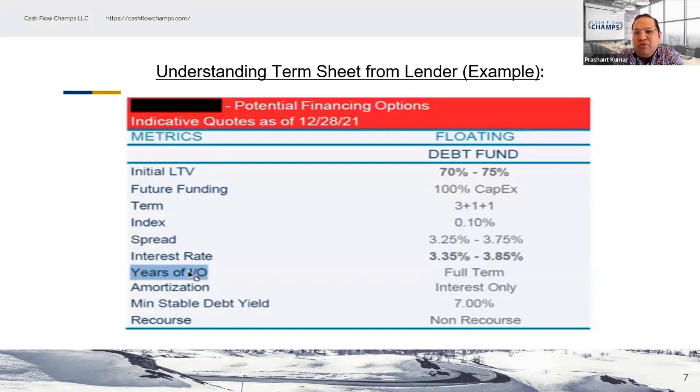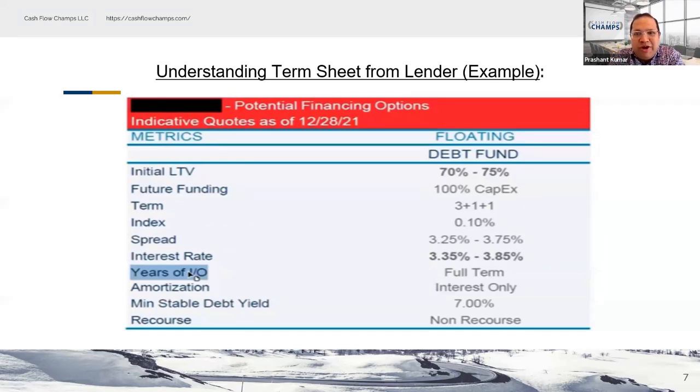Initially they may give you interest only, full term is 3 years of interest only, but additional years could be amortized over a period of time. So everything is not so black and white. They are typically gray in these indications from a broker, right? And again, the index 2 years ago was 0.1, versus like 4.75 today.